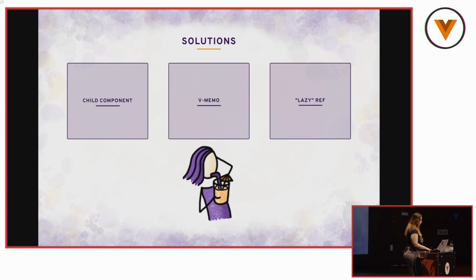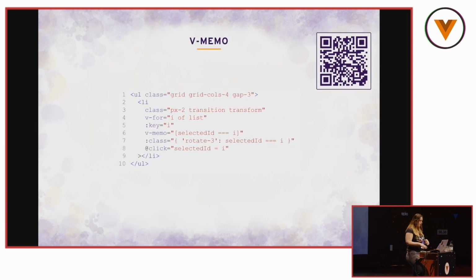The other two tools you have are v-memo and what I call lazy ref, which is just a pattern we like to use. So v-memo, it's really easy. It's a directive directly from Vue.js, and you just have your v-for, and you add this directive with an array of dependencies, and if these dependencies do not change in terms of value, it will not re-render this part of the DOM.